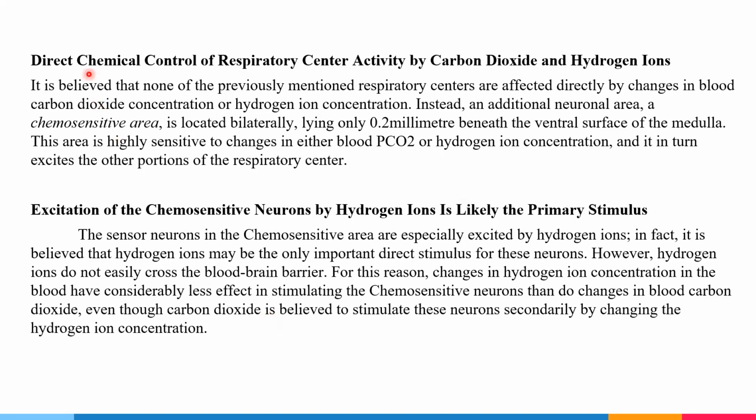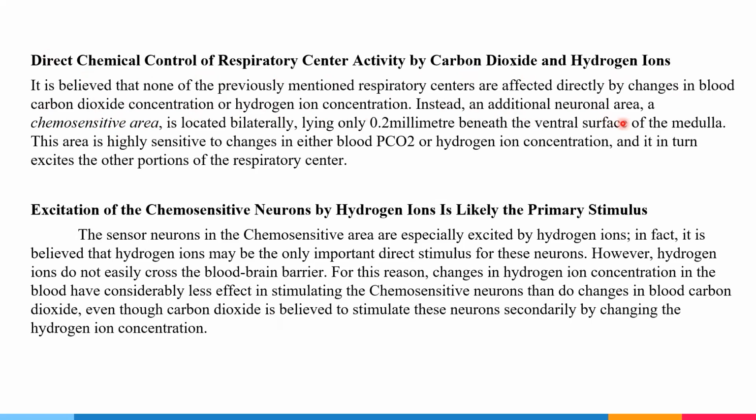So we will look into the direct chemical control of respiratory center activity by carbon dioxide and hydrogen. It is believed that none of the previously mentioned respiratory centers, that is the dorsal, ventral, or the pneumotaxic center, are affected directly by the changes in blood carbon dioxide concentration or hydrogen ion concentration.